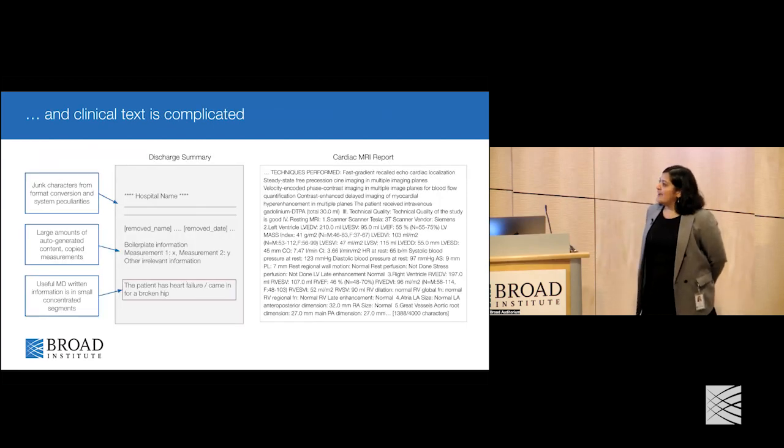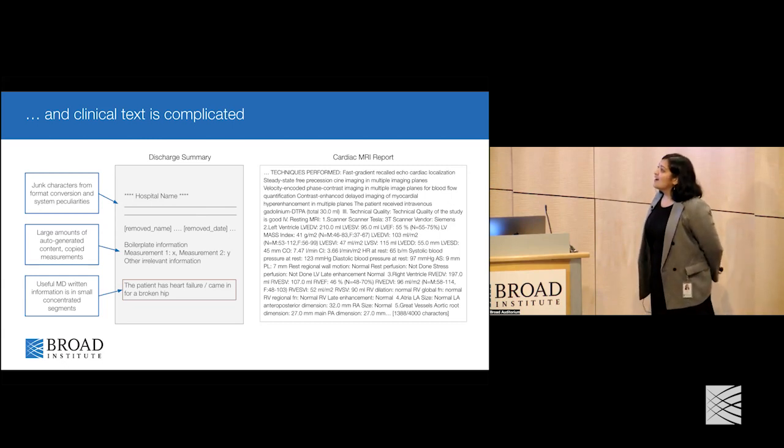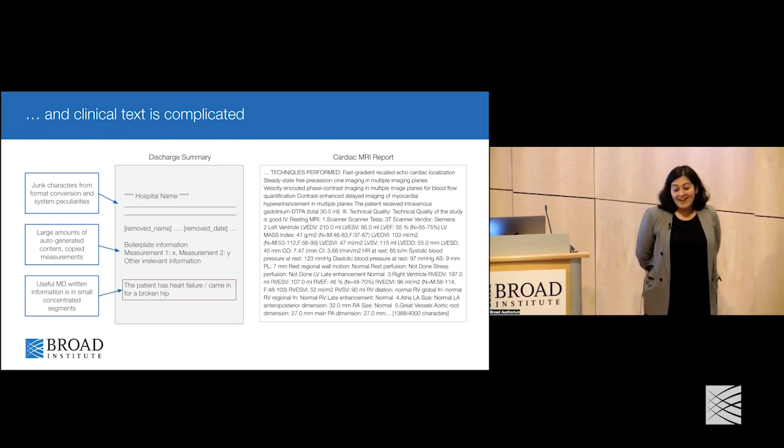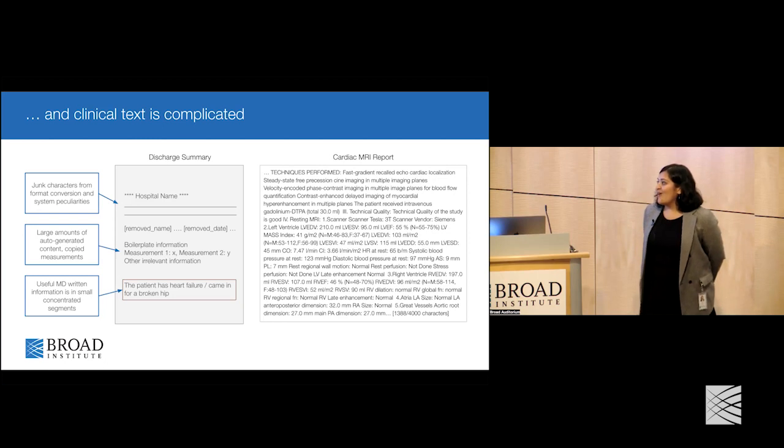And on top of that, clinical text is complicated. So on the left here, I'm showing an illustration of a discharge summary. And there's a bunch of things that happen. When you go from PDFs to plain text, you get a bunch of junk characters. There's a lot of auto-generated content and copied measurements.